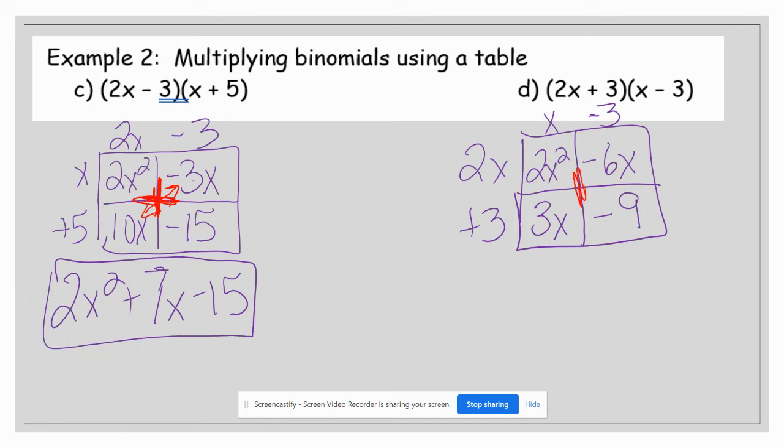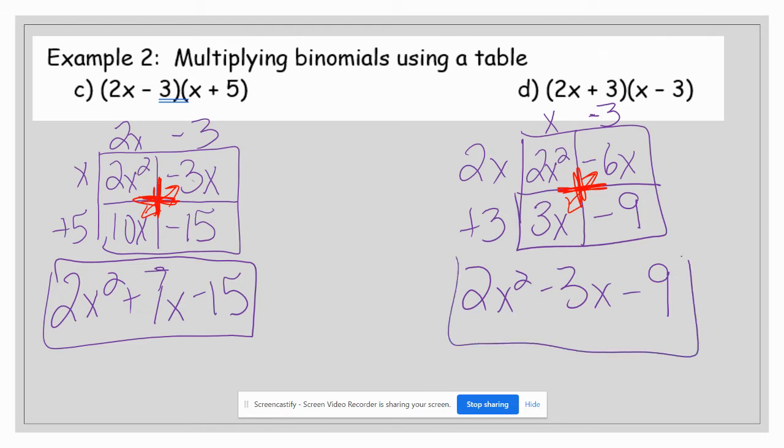Again, this is one big plus sign in here. And our like terms are diagonal from each other. 2x squared. 3x plus negative 6x is negative 3x. And we bring down that negative 9. Second power, first power, constant. No other like terms, and this is in standard form. Go ahead and try examples 1 through 4.